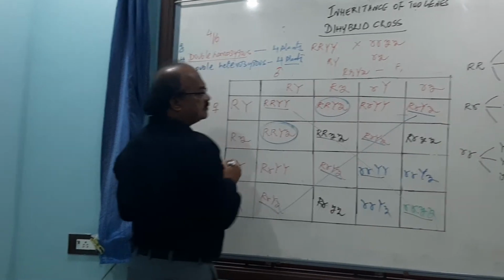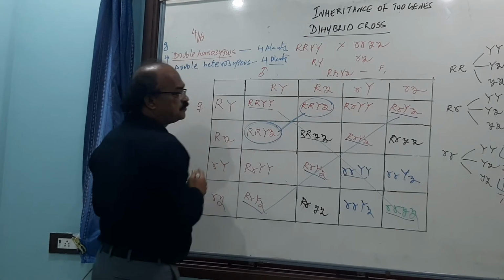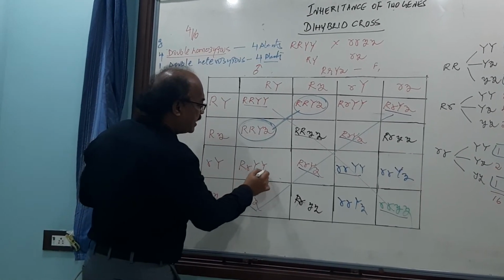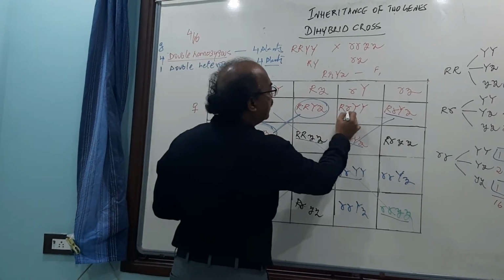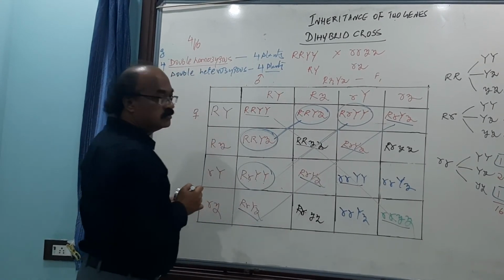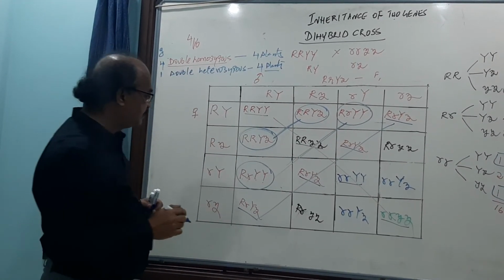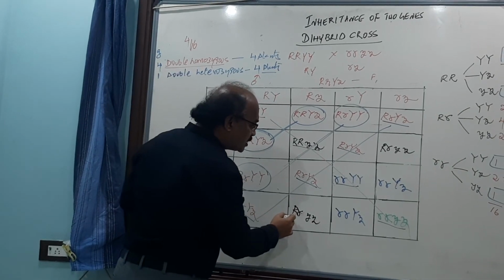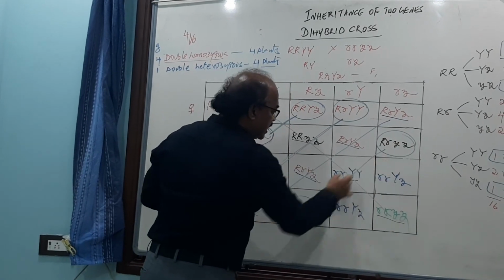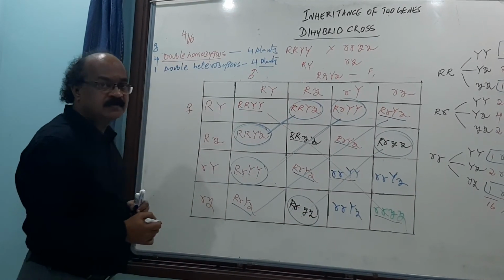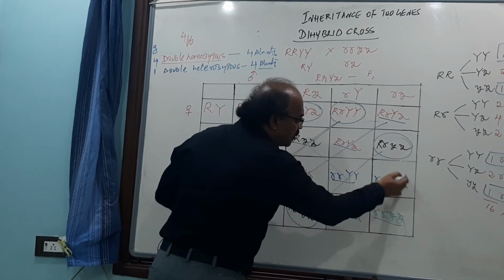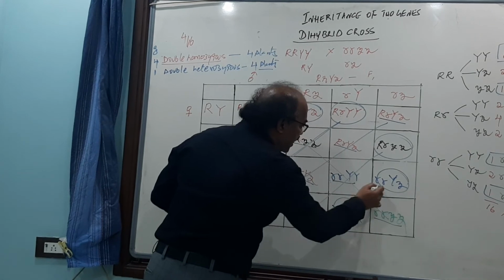Same genotypes. 2 plants. Capital R, small r, capital Y. Same genotypes. 2 plants. Capital R, small y. Same genotypes, 2 plants. Small r, capital Y, small y. Same genotypes, 2 plants.